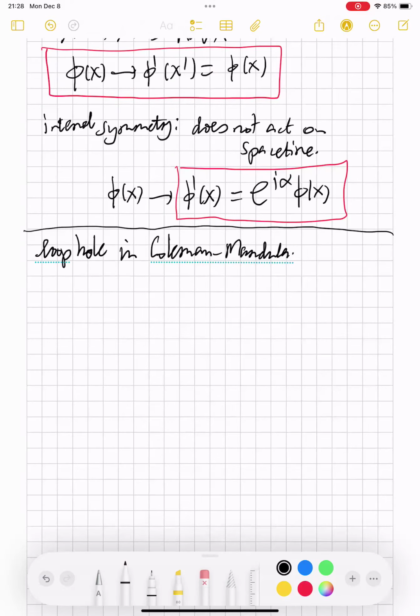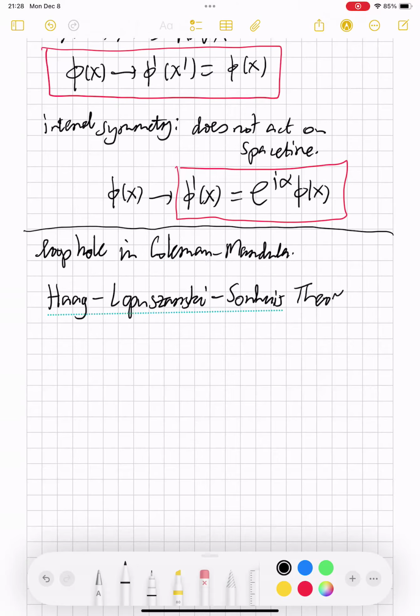This was pointed out by Haag, Łopuszański, and Sohnius. So there is a Haag-Łopuszański-Sohnius theorem. What assumption of Coleman and Mandula did they weaken? Well, Coleman and Mandula assumed that if you perform a symmetry transformation, it'll never turn a boson into a fermion.